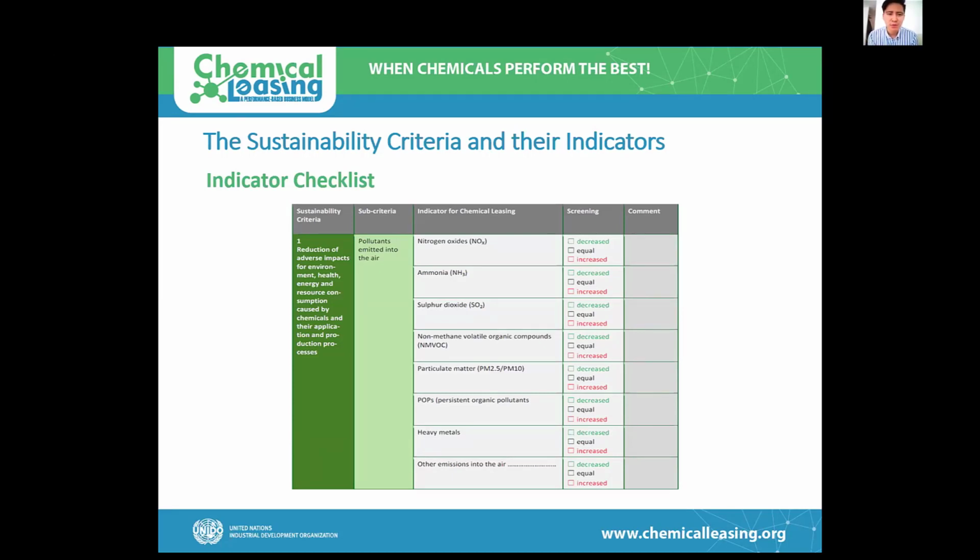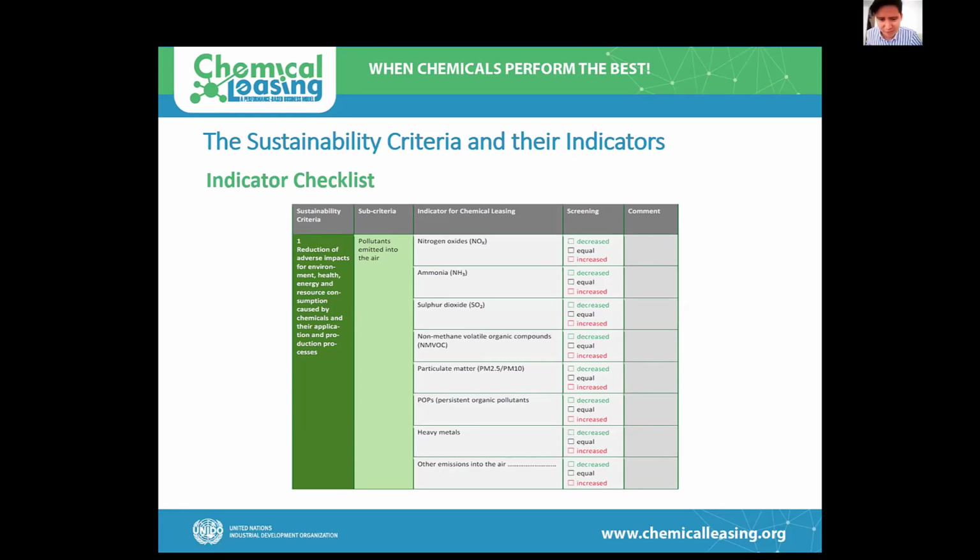So what is important with the indicator checklist is that you have to fill in these indicators for the application of the award. Basically, the indicator checklist is the 5 sustainability criteria, and then you will find the sub-criteria.